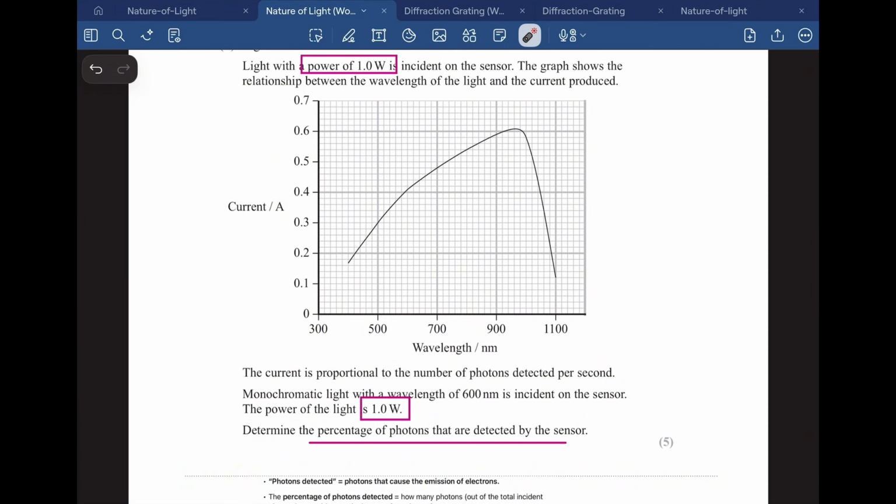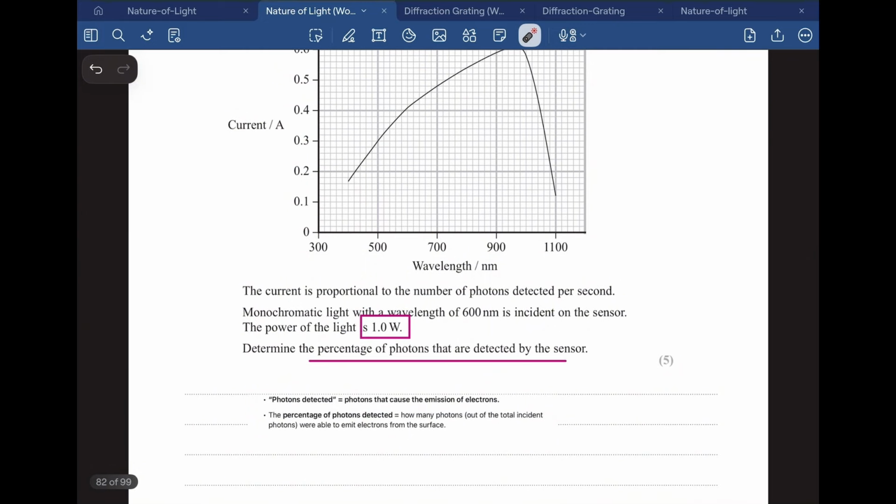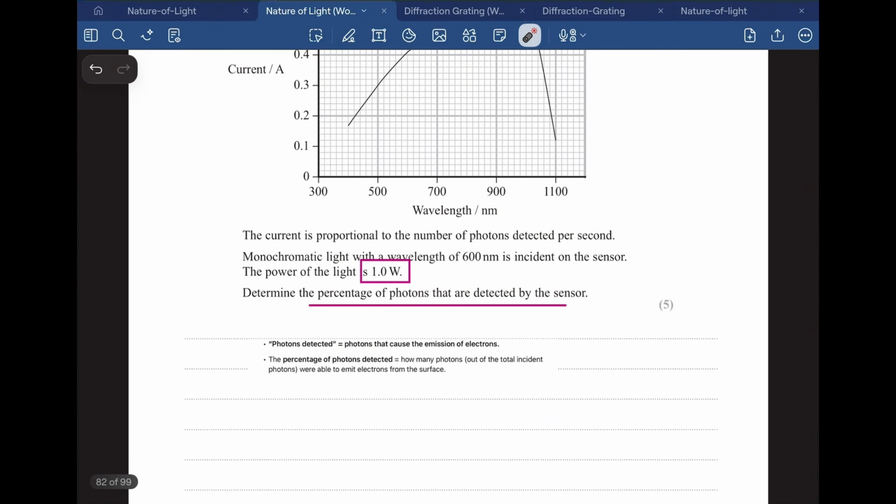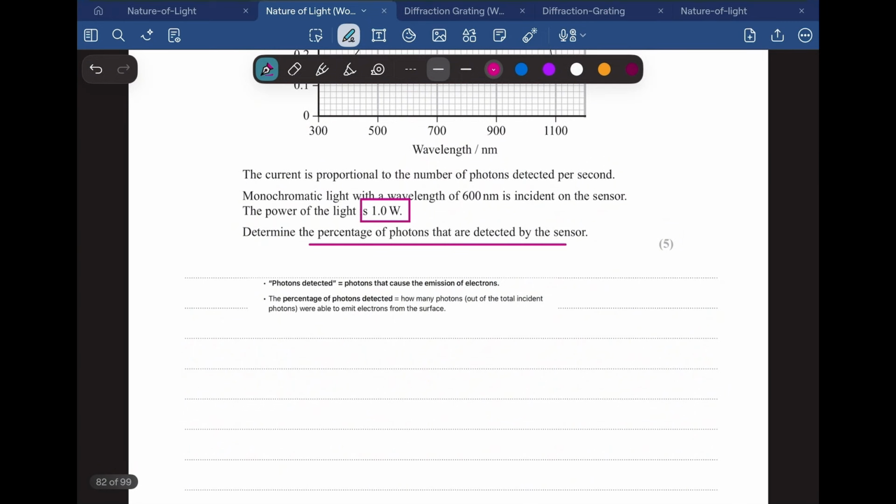Okay, now let's first figure out the total number of photons that were incident on the sensor. To figure that out, we'll have to figure out the energy of one photon. The energy of one photon is E = hf, which can also be written as E = hc/lambda.